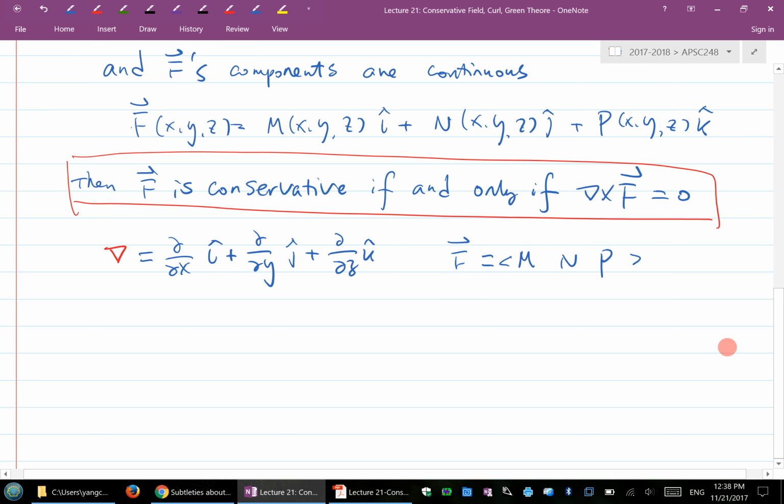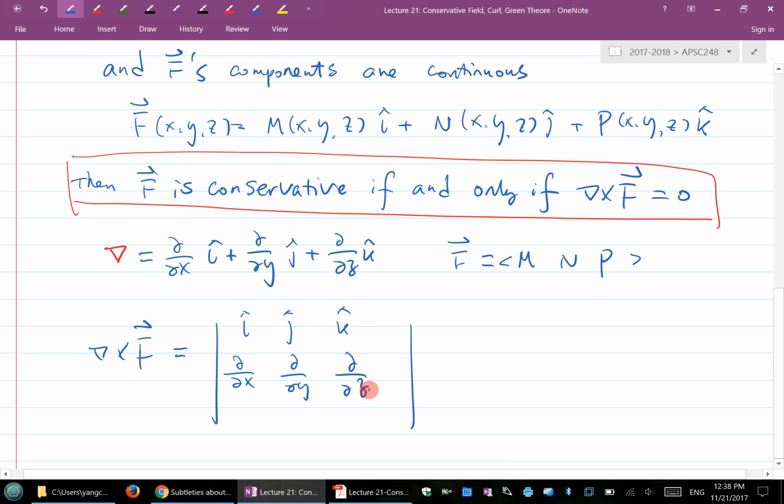So now we're looking at the cross product between this del operator and this vector field F. That del cross F, we can just write it as the usual cross product formula. First row i, j, k, second row is the del vector, which is partial x, partial y, and partial z.